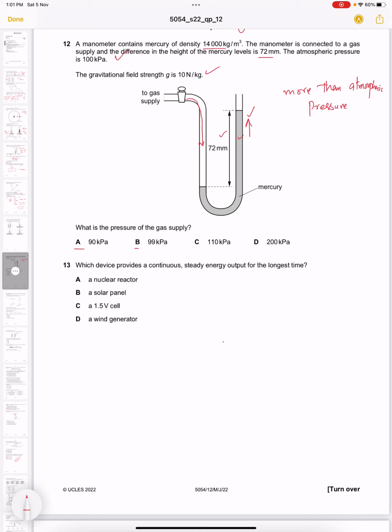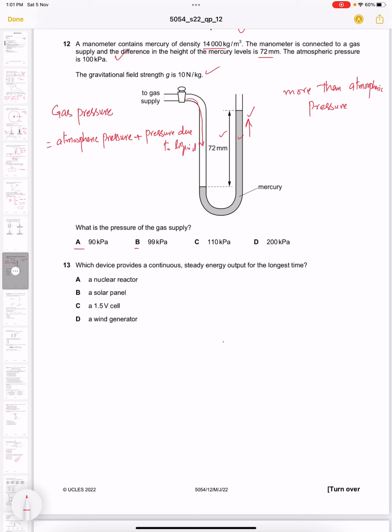So you should be aware of the formula that gas pressure in a manometer is measured by using this relation: gas pressure is equal to atmospheric pressure plus pressure due to liquid column, right?